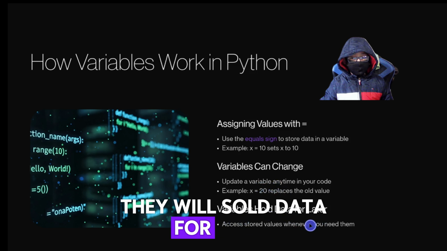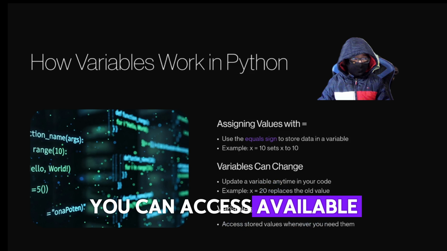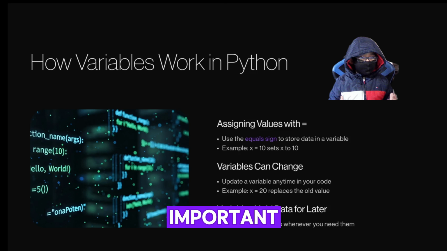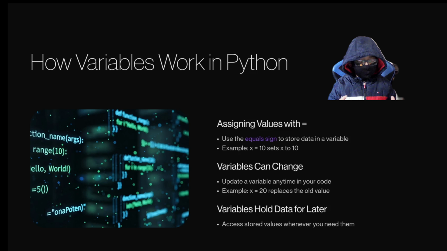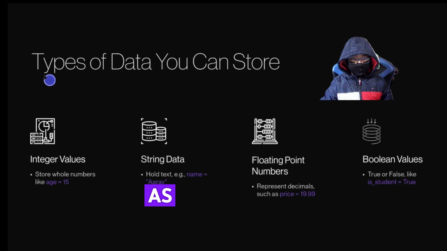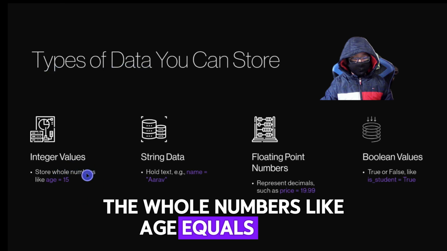Variables hold data for later. Yes, that's true. You can access the variable to use it in important projects. As you can see, these are the types of data you can store. Integer values store whole numbers like age equals 15.